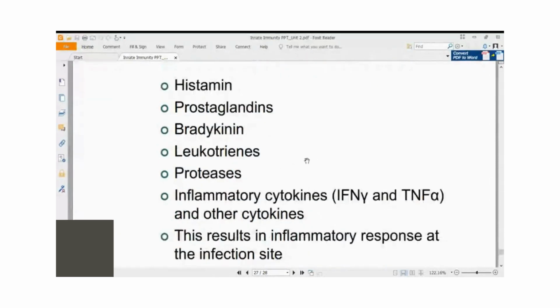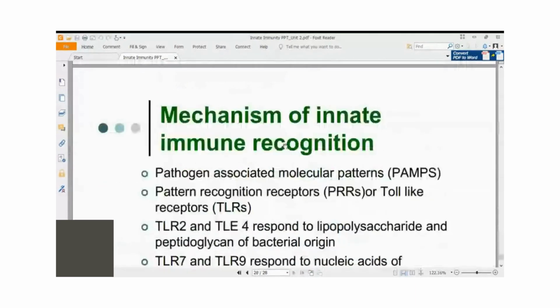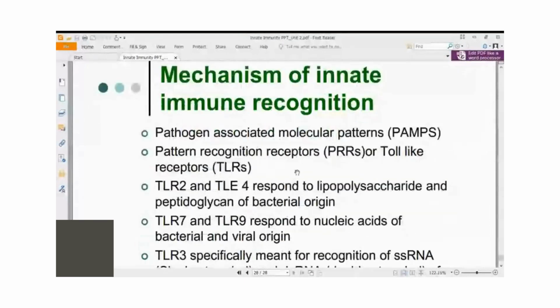And that protection will be sufficient to contain the infection and prevent it from spreading. Then comes the mechanism of innate recognition. We kept on talking about innate immune mechanisms and innate immune cells. How do these cells recognize the foreign antigen that enters the body?